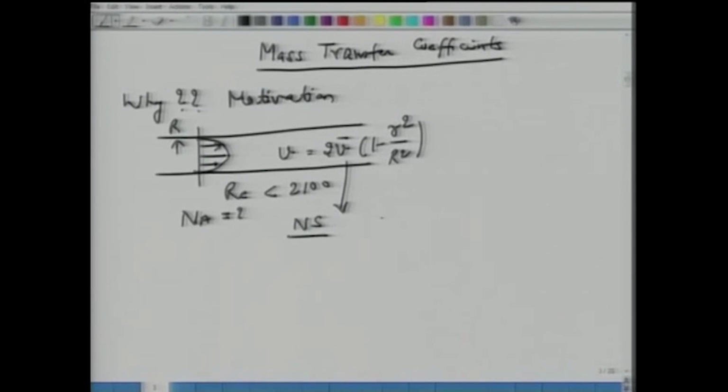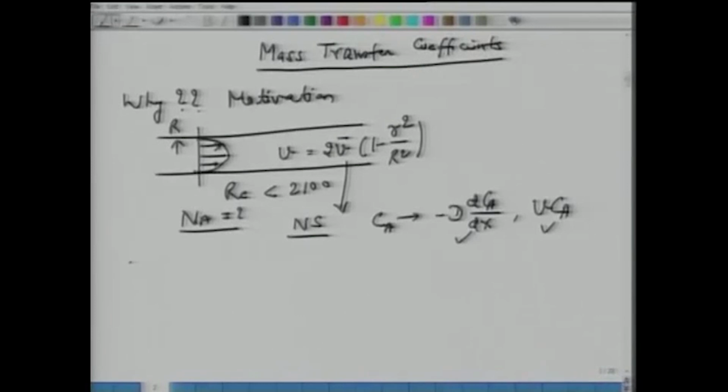One can solve for the concentration profile, and then we can calculate the diffusion flux, etc. We know the bulk transport would be V times C_A. So once we know the diffusion flux and the bulk transport, one can predict the flux.